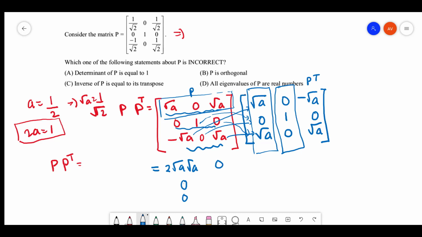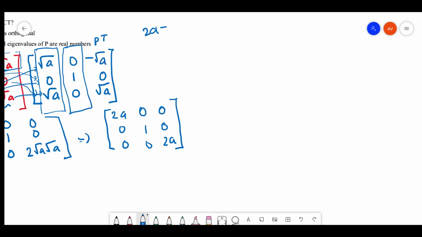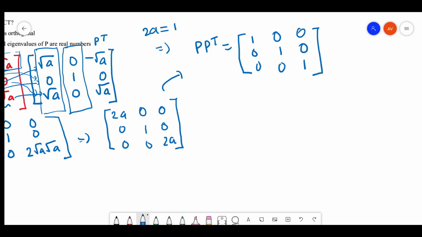Finally you can write it as 2a 0 0, 0 1 0, 0 0 2a. According to our assumption, 2a is equal to 1, so instead of 2a you can write 1. That means P P transpose is equal to I.